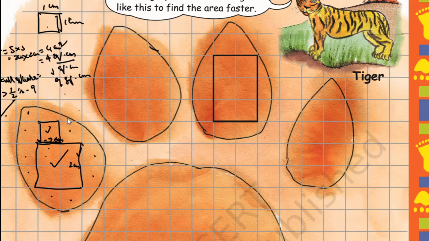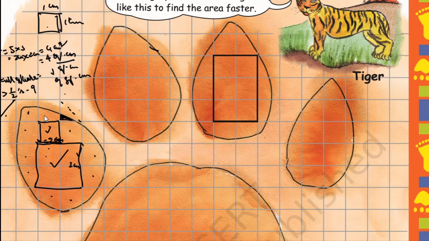Suppose you take this one, the space occupied by this footprint is less than half. So this is half and this is half, and the occupied space is less than half. Therefore, you cannot count this one. Just omit it. And if it is so near to half, we can take 2 halves as 1 square.